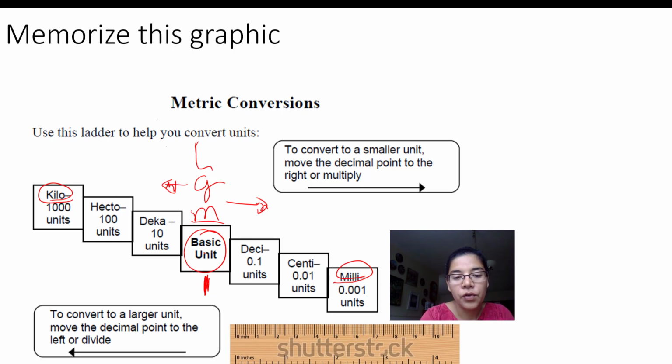So let's go from the base unit down. Deci, 0.1, a tenth of the 1. We think money, okay, a dime is a tenth of the whole, the dollar. Centi, we have 2 decimal places, means 100th of the 1.